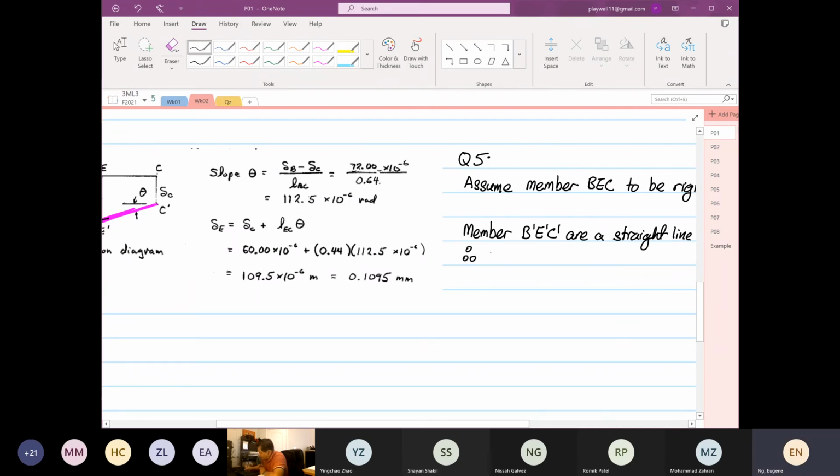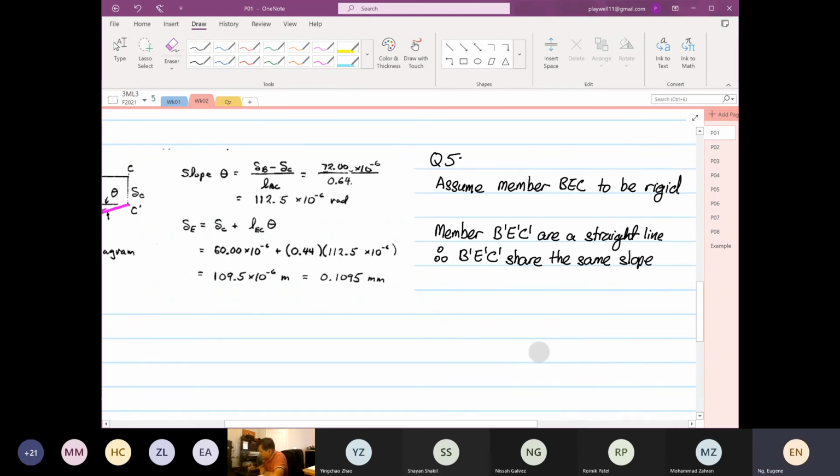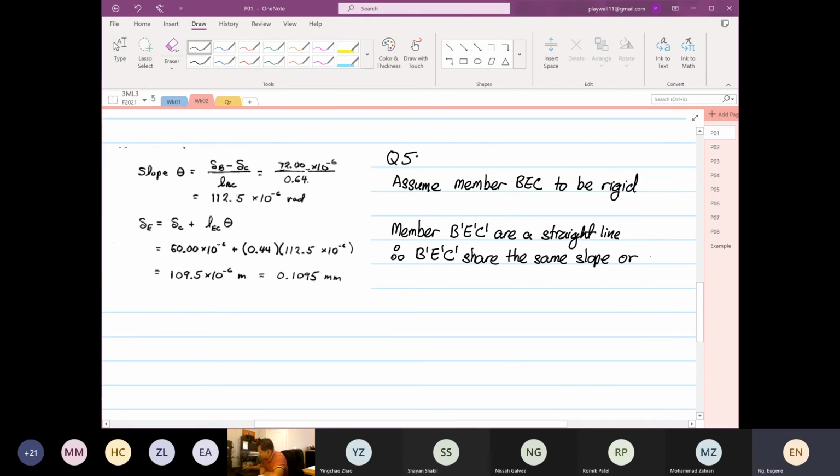Therefore, B prime, E prime, C prime share the same slope. Right? Same slope, or in other words, gradient.